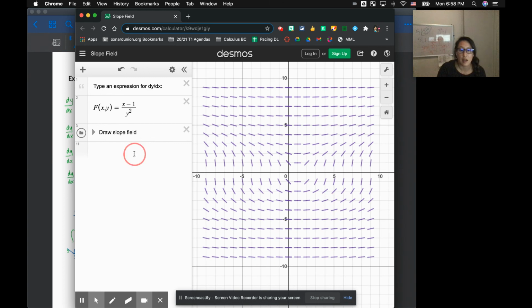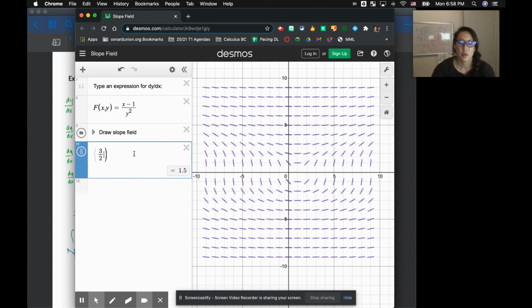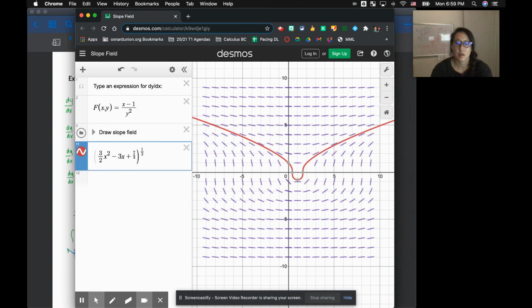Okay, and then I'm going to test my solution. I'm going to be smart. I'm going to raise it to the 1/3 power because that's going to be easier for me. So 3/2, JK, 3/2 x squared minus 3x plus 1, all raised to the 1/3 power.